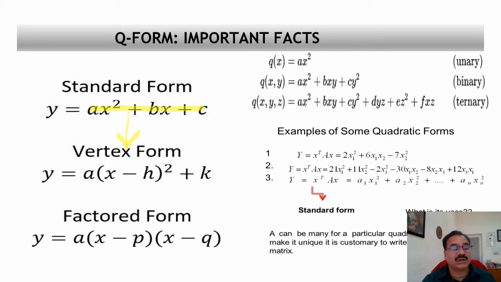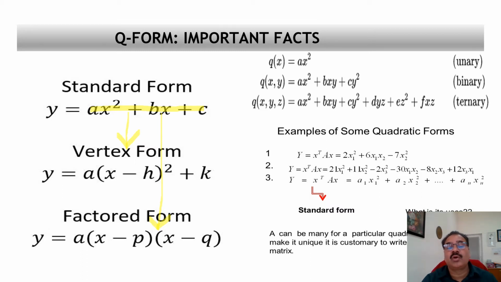And for the factored form, if you want to write the same expression in terms of its factors, you can write a into x minus p into x minus q. Some authors and teachers use a into x minus alpha and x minus beta, where alpha and beta, or p and q, are the distinct roots.